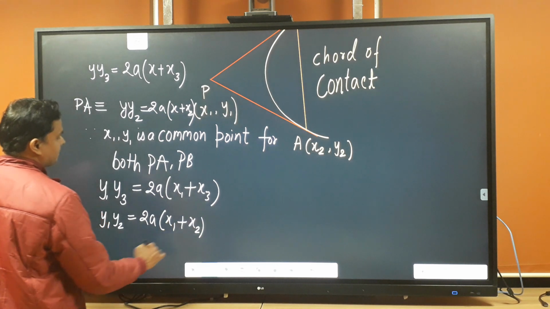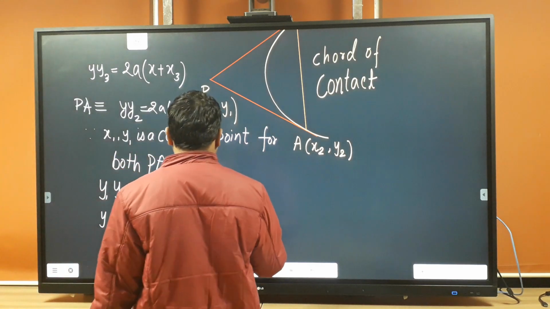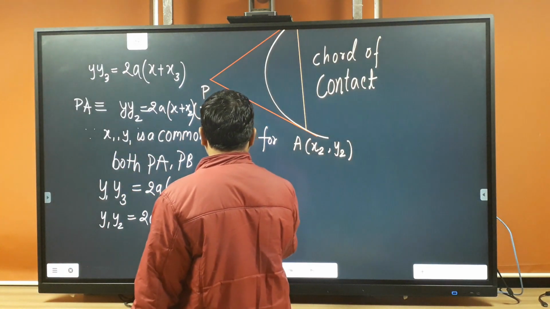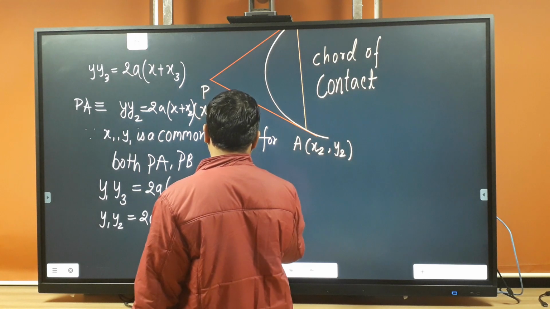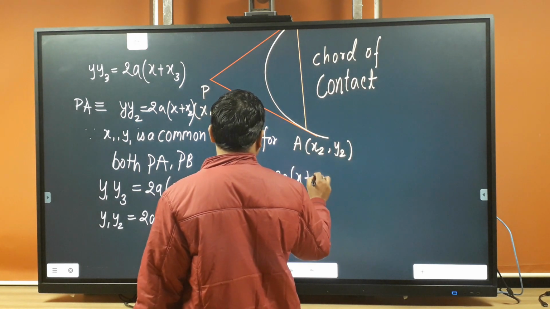Can we conclude from this that y y1 is equal to 2a into x plus x1?